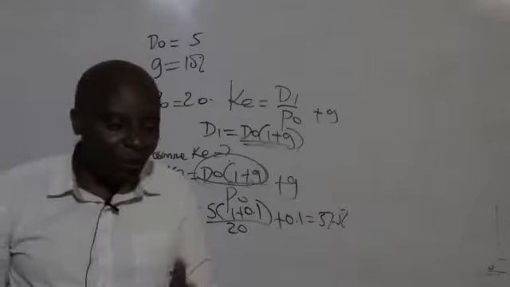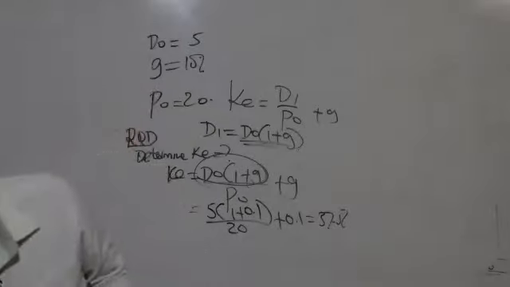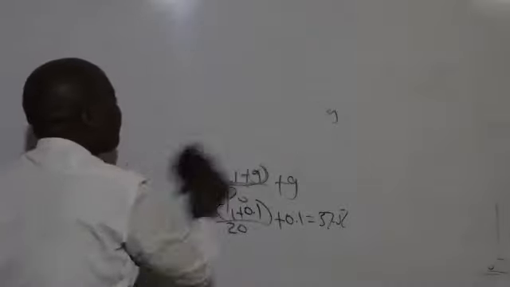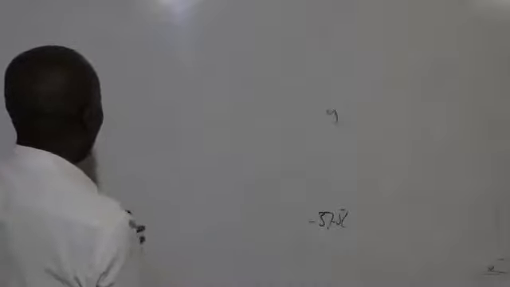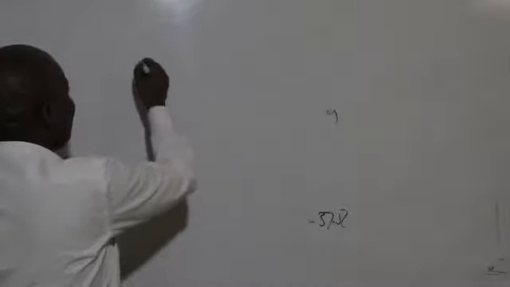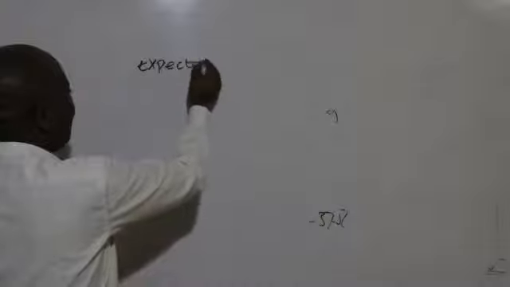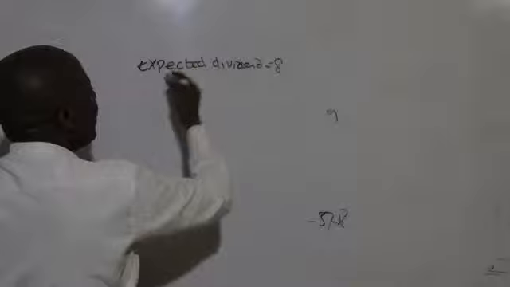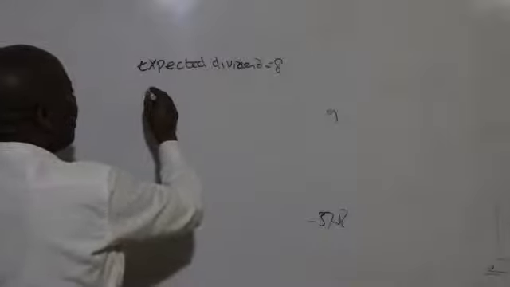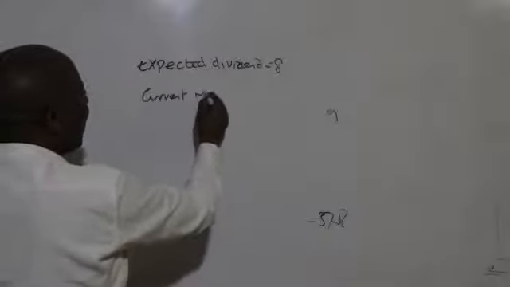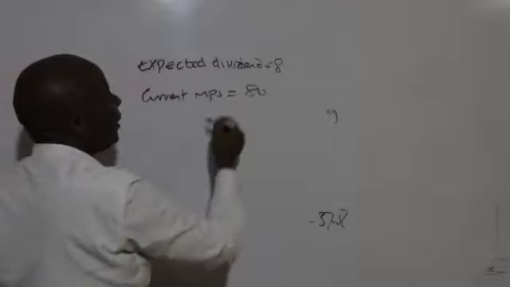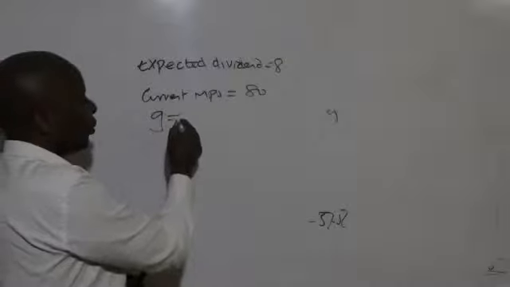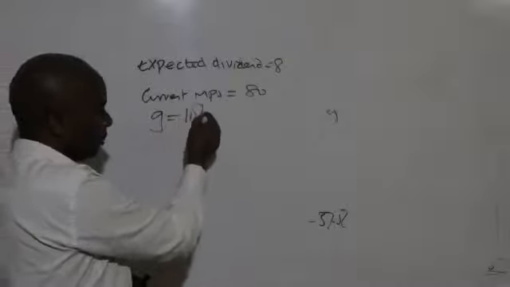So I hope I've been able to tell you, ladies and gentlemen, how to handle a question like this. Take an example: somebody tells you that the expected dividend is 8, then they give you the current market price per share as 80, and then the growth rate, which is perhaps 10%.